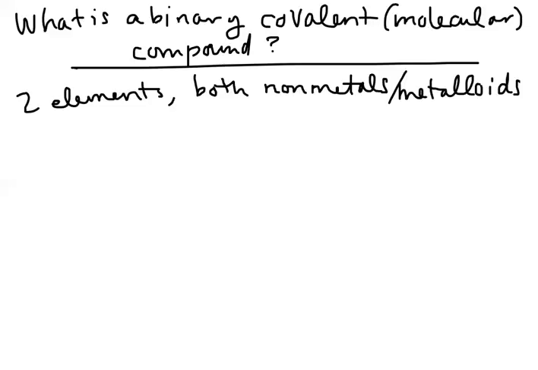And what does covalent mean? They share electrons. So we're not going to have ions. These elements that are bonding are going to be sharing their electrons instead of being attracted to each other because they've already lost or gained electrons and have positive and negative charges.